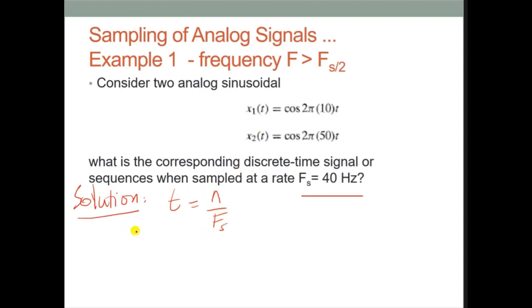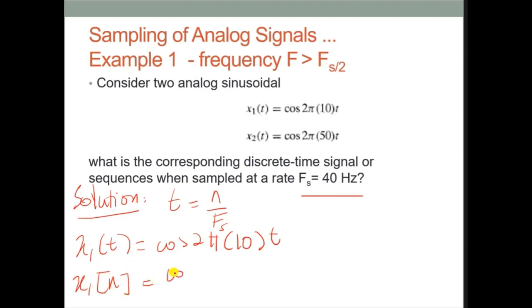So for x1(t) equals cos 2 pi times 20 t, to make it become x1(n), we simply substitute t with n over fs.